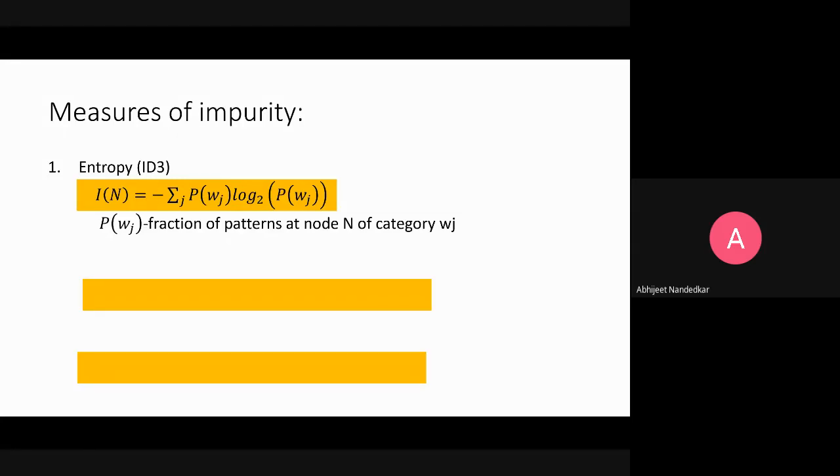This is given here as minus summation over j, where j is the categories from 1 to, say, capital K. Suppose there are 3 classes, 2 classes, or 5 classes. Accordingly K will be set. K is 2 means you are dealing with 2 classes. If K is 4, then you are dealing with 4 classes.